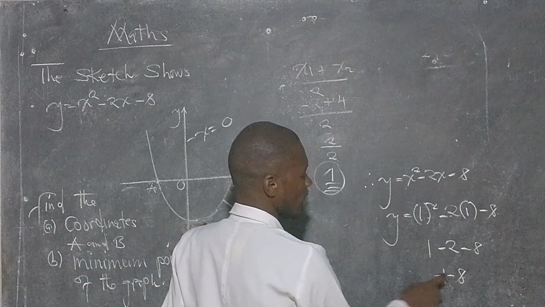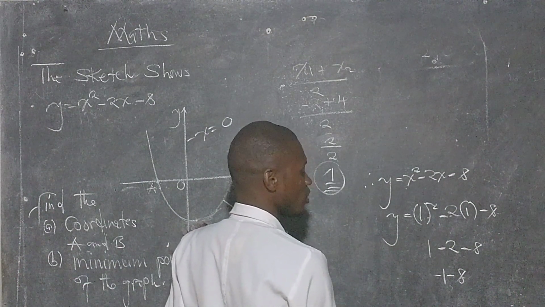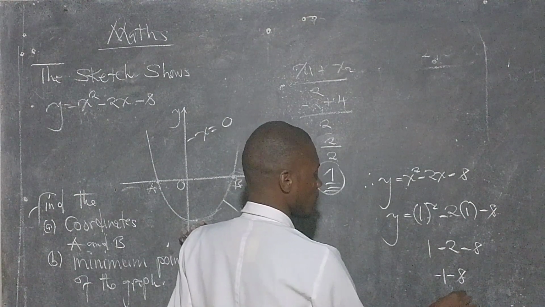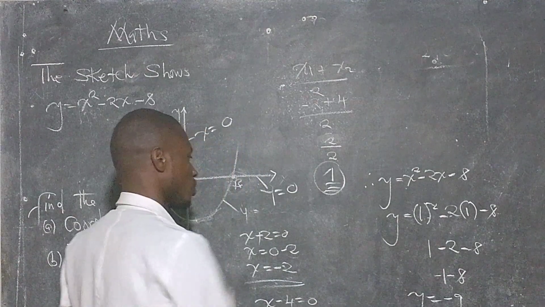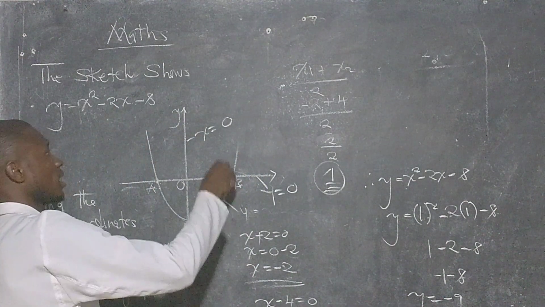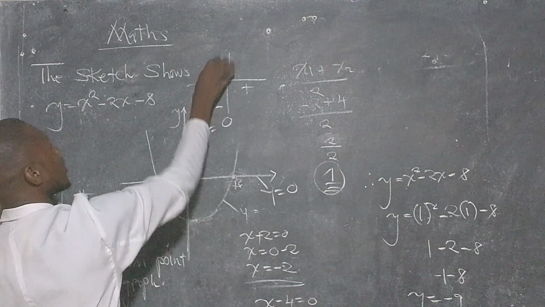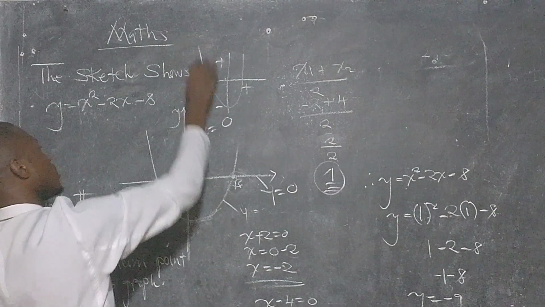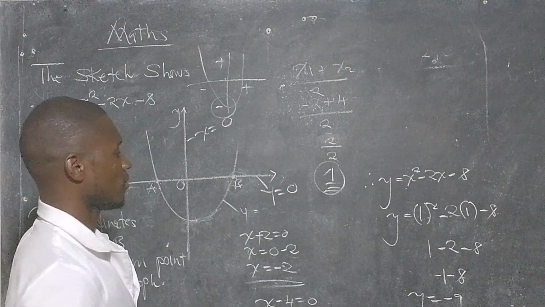When the signs are the same, we add and maintain the sign of the bigger number. So I expect to have negative 9. As I said earlier, you need to understand the values of the xy plane, the positive and negative parts. So it is coming down on the negative side, and our answer is negative.